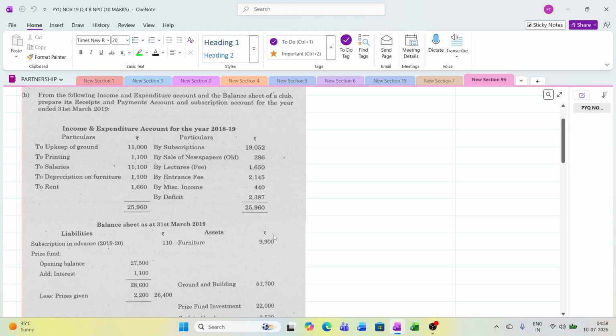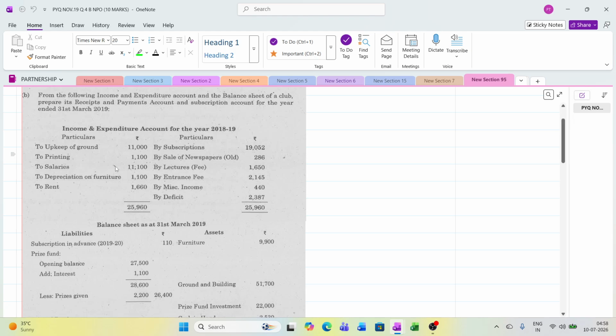So this is the net value, but the amount paid, what has been spent, is not this amount. That is along with depreciation. So you have to add the depreciation to this, and that is the payment. And this furniture is not an old one. This was purchased during the year, so the payment has gone during the year.